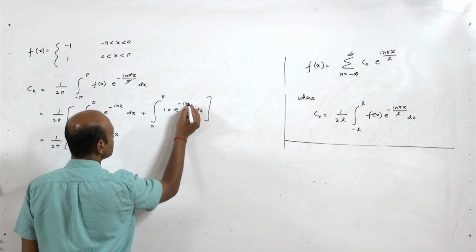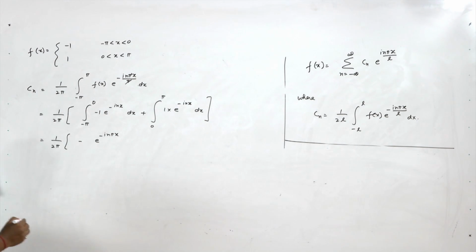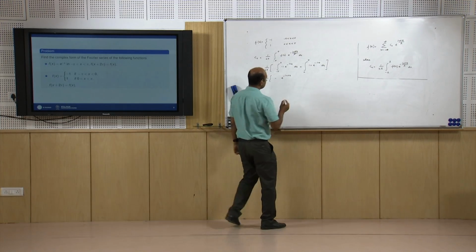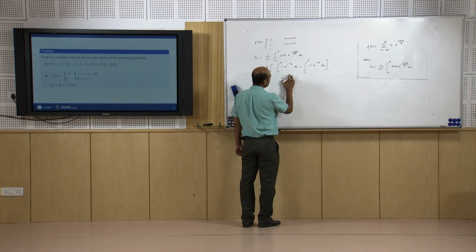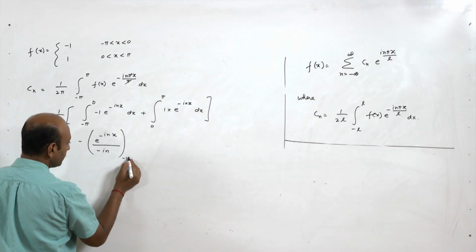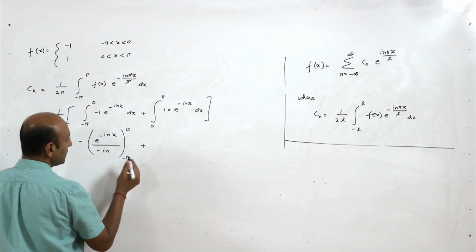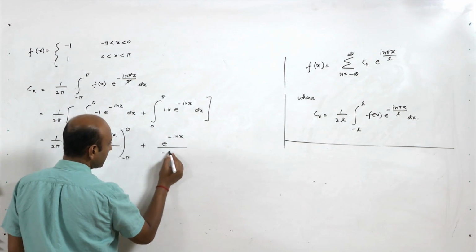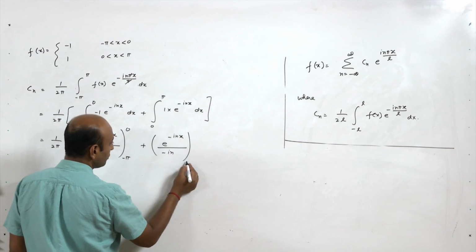Minus iota n x, because L is pi. So, this function now is e to the power minus iota n x divided by minus iota n from minus pi to 0, plus e to the power minus iota n x upon minus iota n from 0 to pi.